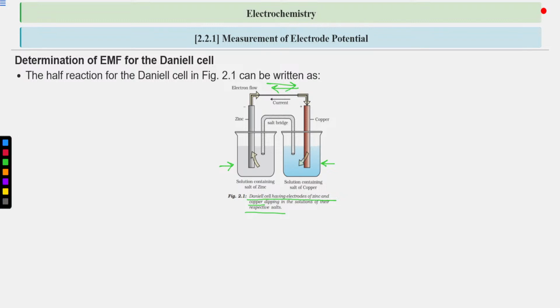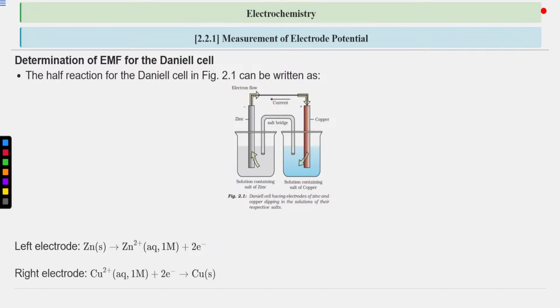So the half cell reaction for the Daniell cell, if you want to write out, it will be at the left electrode, that means the zinc electrode, the reaction happening is zinc converting to zinc 2 plus plus 2 electrons. That means it is releasing the electrons in its solution. And similarly at the right electrode, the reaction happening is the gaining of the electron.